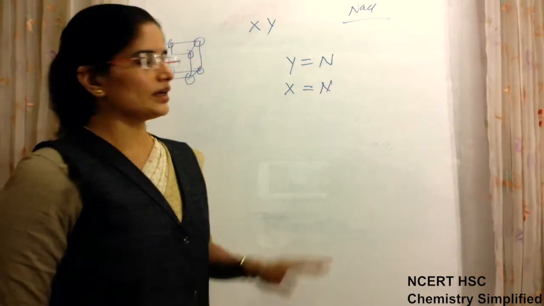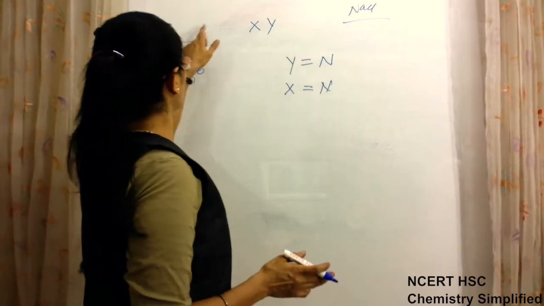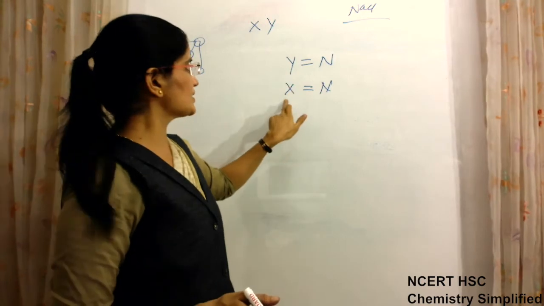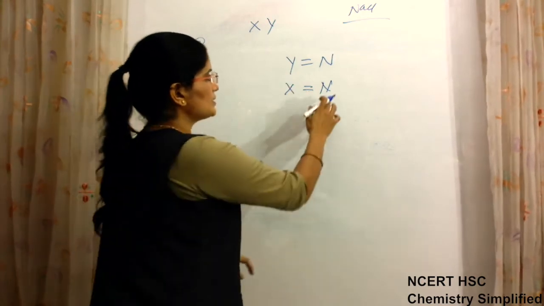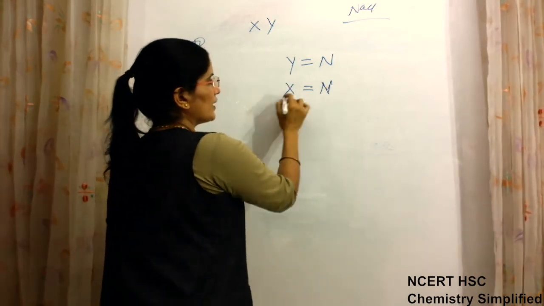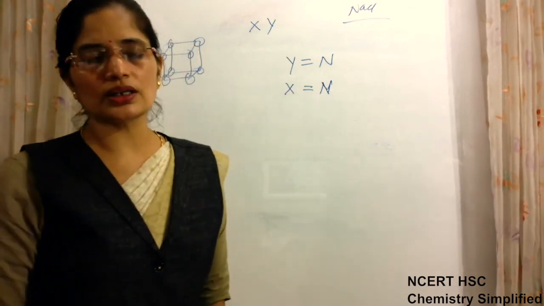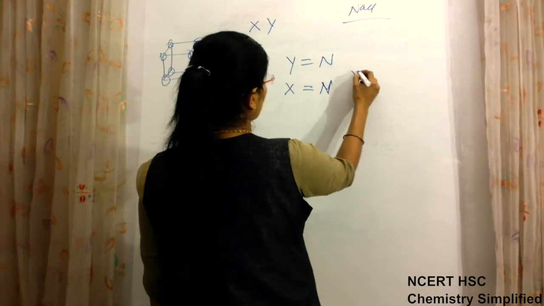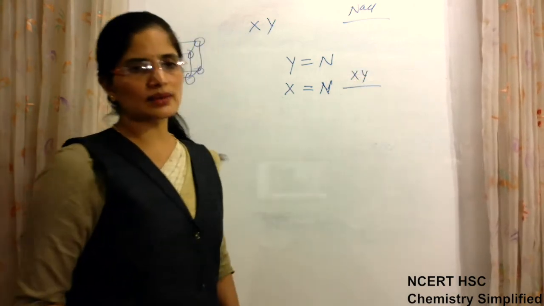Because as many particles are present in the main crystal lattice, that many are the octahedral voids, and because X are present on octahedral voids, the number of particles of X is also n. So what is the formula of the compound? The formula of the compound is XY. This is simple to do.